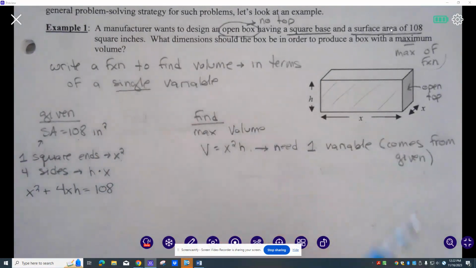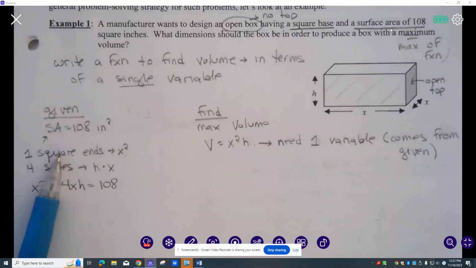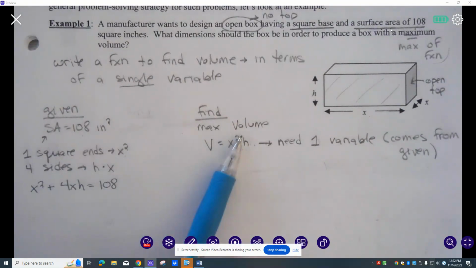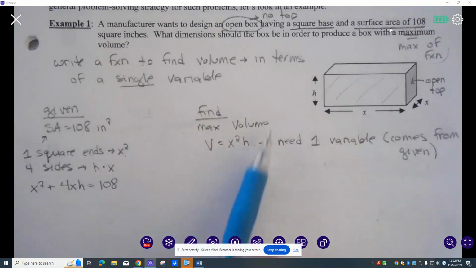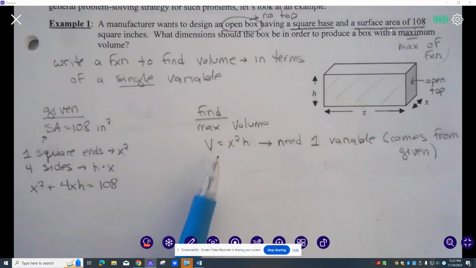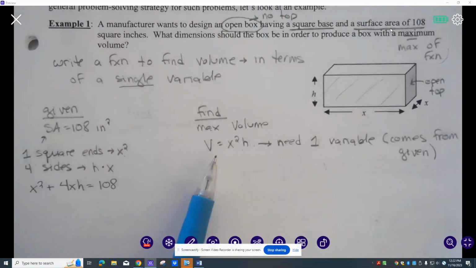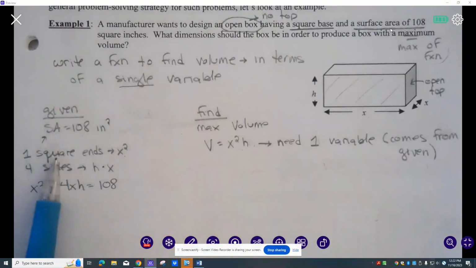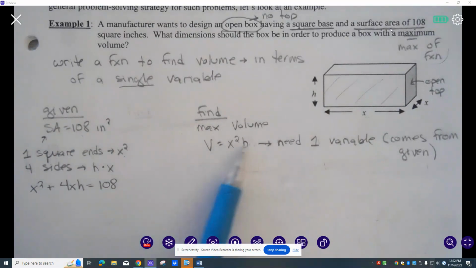These problems will always have something they give you and something you find. Often the function you need to find the max or min of will have two different variables.